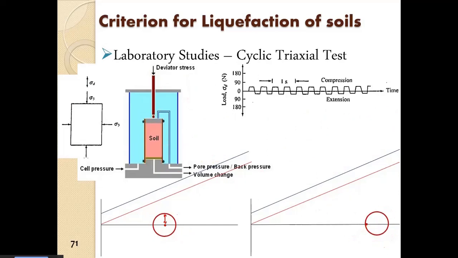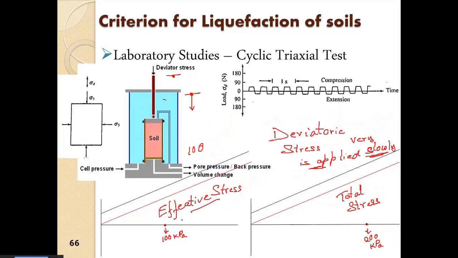Now this cycle is only for a very slowly applied load, all right, so that there is no condition of dynamic loading or oscillation or vibration being developed in the soil sample. It is very slowly applied, so that only pore pressure is generated, and it is equilibrated at the same time as the load is applied. So the increment in load is the same as the pore pressure equilibrating within the soil sample.